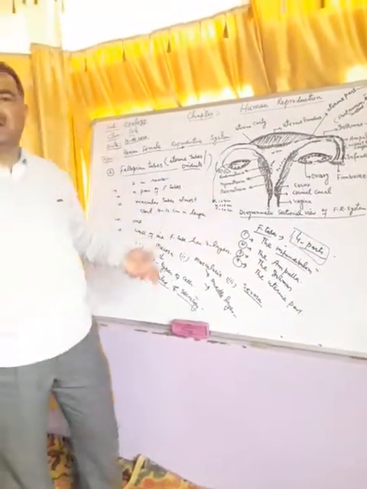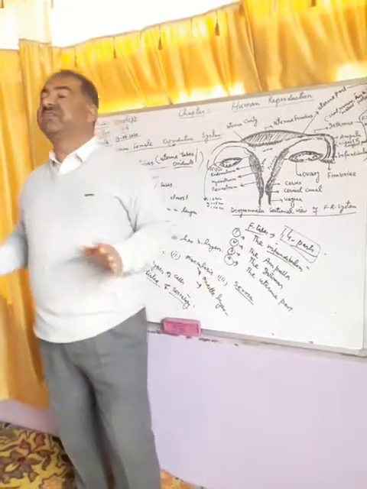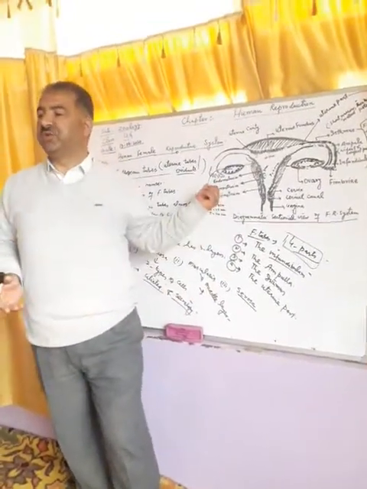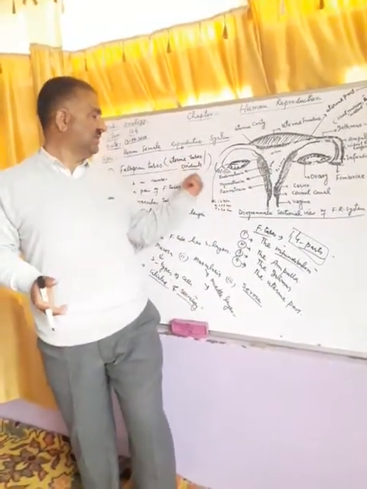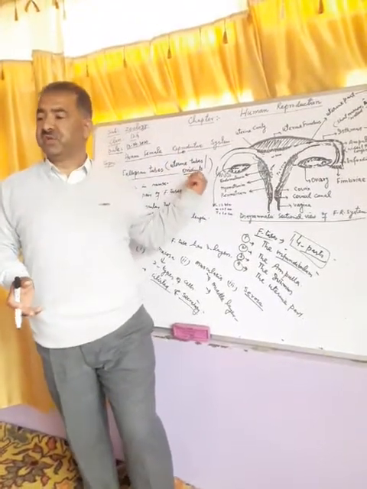Now come the functions. What are the functions of the fallopian tubes, or the oviducts, or the uterine tubes?